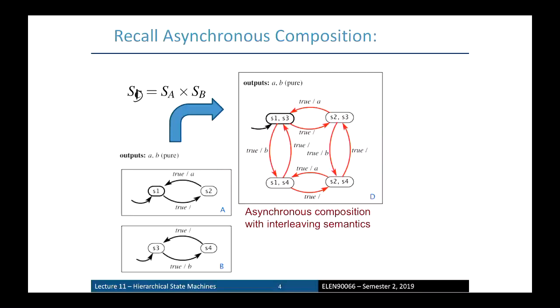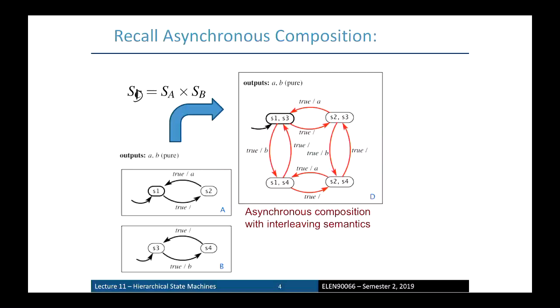Because they're not going to react in lockstep, is there some sort of system where A reacts before B, B reacts before A? Are they allowed to react at the same time? Even asynchronously, right? It could be A before B, and then the next time it could be A and B at the same time. There could be some mechanism that they are reacting like that.